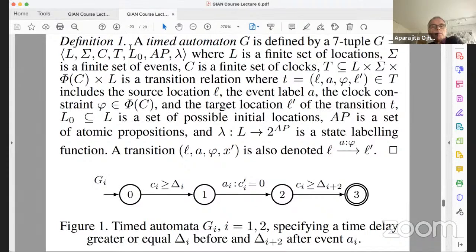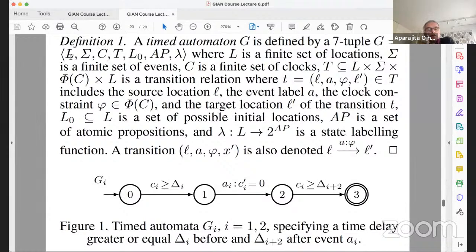And here is a formal description of the timed automaton, but I will only comment on the graphical part here. You can see that the timed automaton has a very similar structure to what we have seen before.